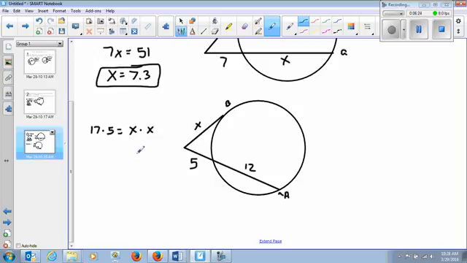So again, not 2x, but x times x. 17 times 5 is 85. x times x is not 2x, but x squared. And then to get the answer, we need to take the square root of 85, which ends up being 9.2 rounded to the nearest tenth.